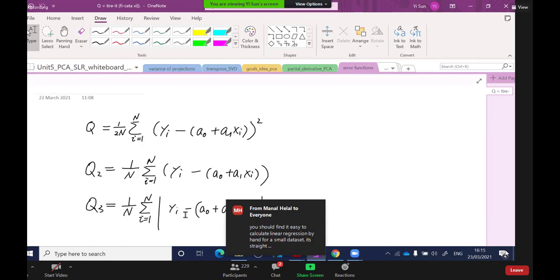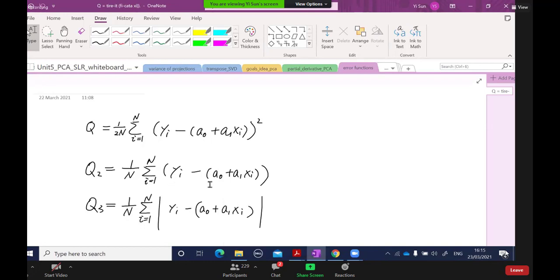That is why, for most people, when we consider cost function, people would like to use this one. This one is not perfect. The problem with this one is that errors are not weighted equally. Large errors are given significantly more weight than smaller errors. For example, if we have an error equal to 1, 1 squared is still 1.